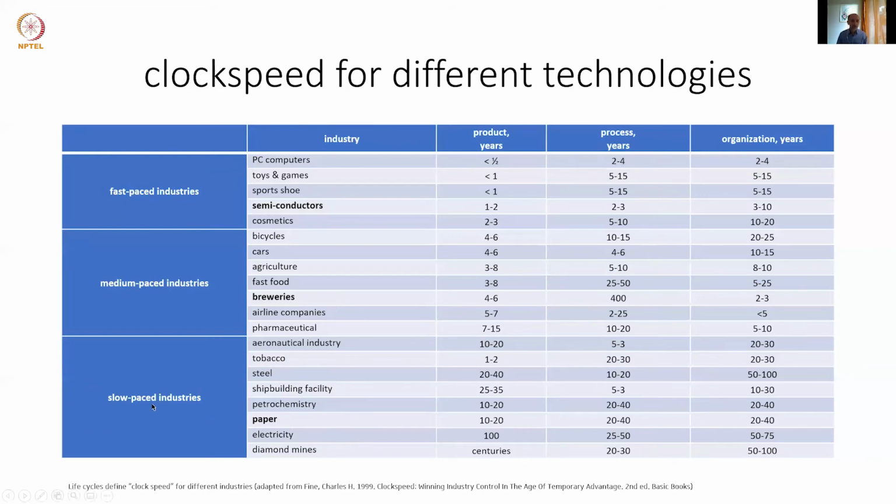And slow-paced industries, when the time of replacement of the product is much longer than for the fast industries. For instance, for paper, we have a new kind of product every 10 to 20 years.